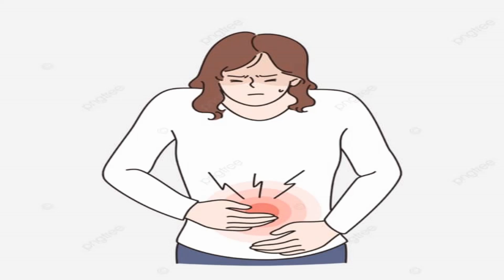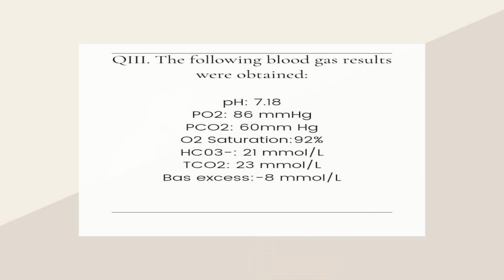The third question. The following blood gas results were obtained. pH 7.18, partial pressure of oxygen 86 millimeter of mercury, partial pressure of carbon dioxide 60 millimeter of mercury, oxygen saturation 92%, bicarbonate ions 21 milliequivalent per liter, or 21 millimole per liter.